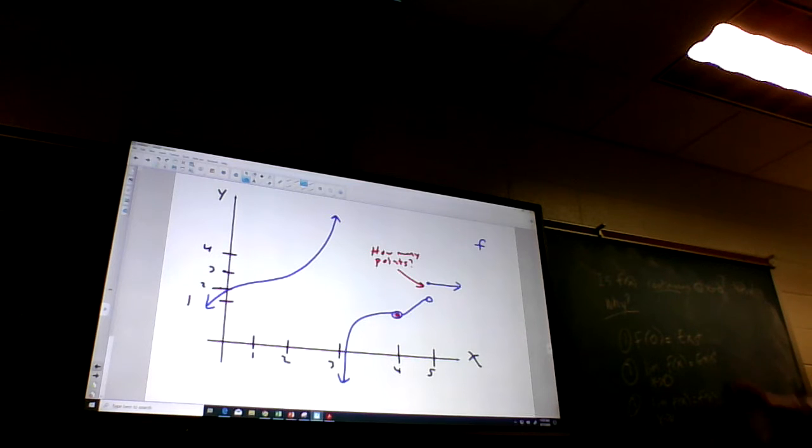So what is f of 0? 2? Yep, I agree. f of 0 is 2. What is the limit as x goes to 0? It is 2. If I were ants on that curve getting closer and closer to 0, what y value do they appear to be going to? 2.